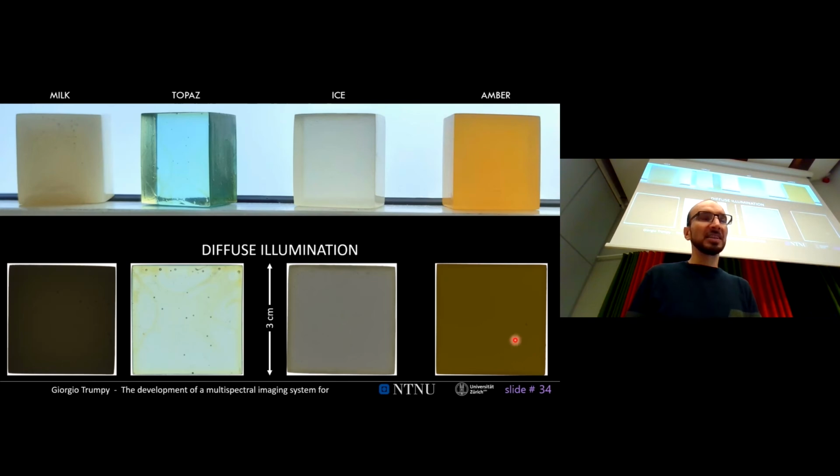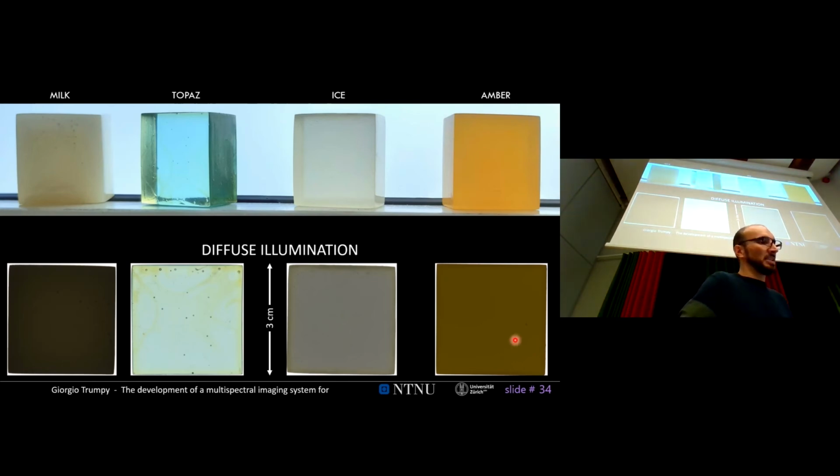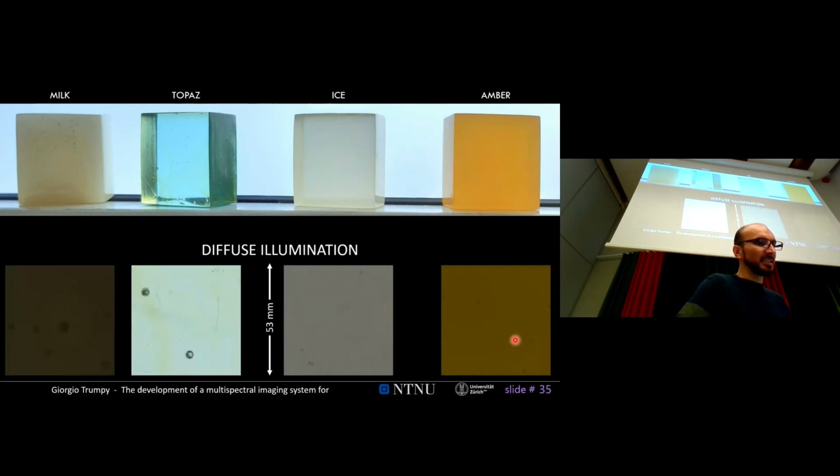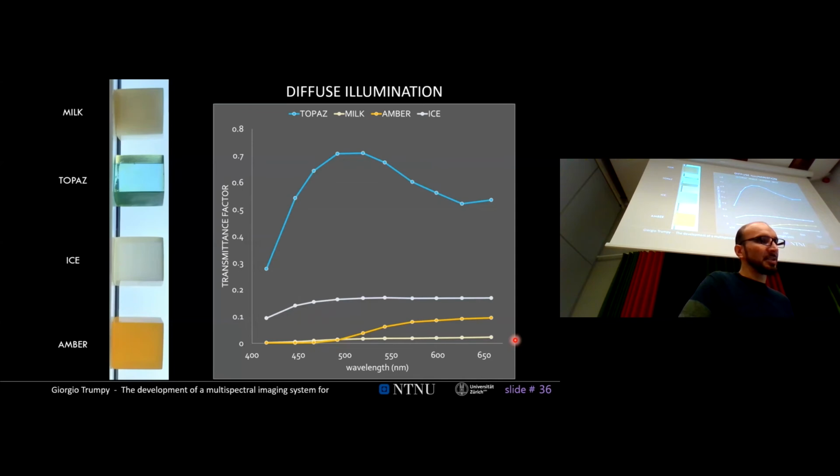Here we see the colorimetric images calculated from the multispectral capture. A very particular color, I would say. We can maybe comment later on this. This is a magnified detail, in which we have a different metric scale. So this is now 53 millimeters. And the transmittance factors.